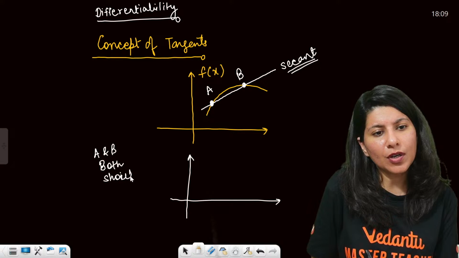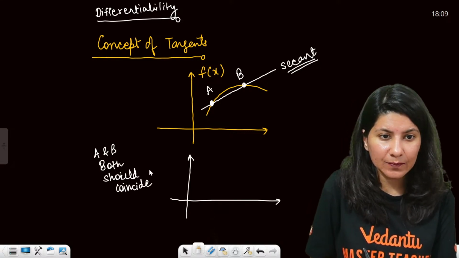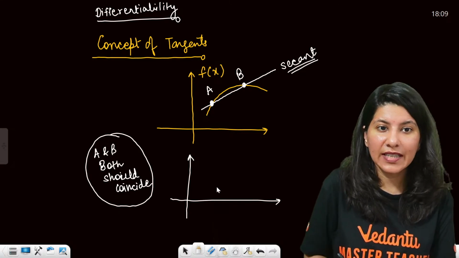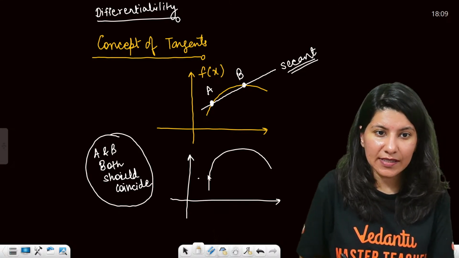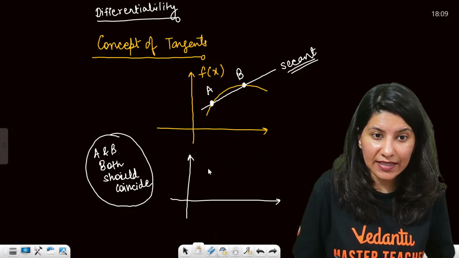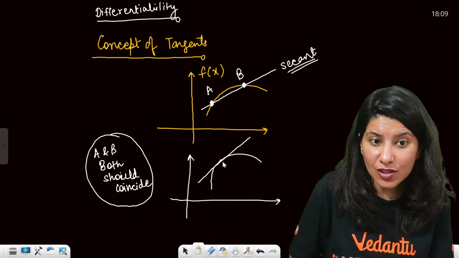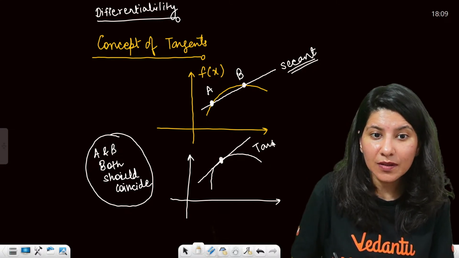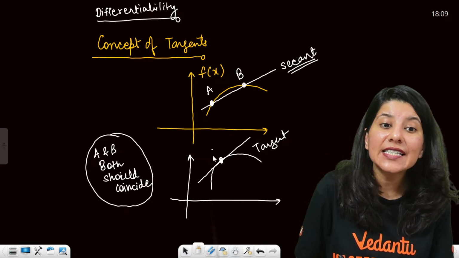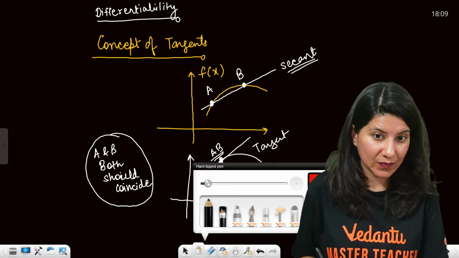If you want A and B to coincide, then what will happen? Your secant will become a tangent and it will touch your curve at a single point. So A and B both are becoming the same, right?